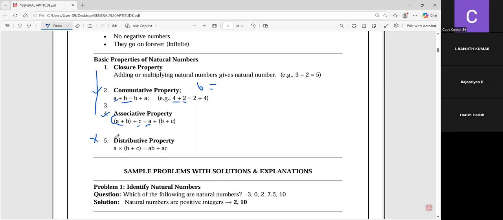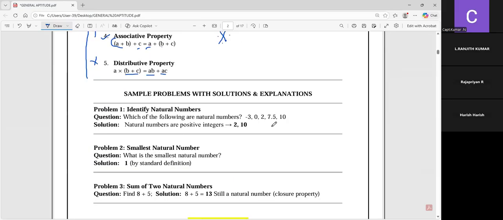I'm going to take three different numbers. Adding any two of them and multiplying by the remaining one should be equal to the combination of the first with the remaining one plus the second with the remaining one. These are the basic properties of the natural numbers. Please note this down.